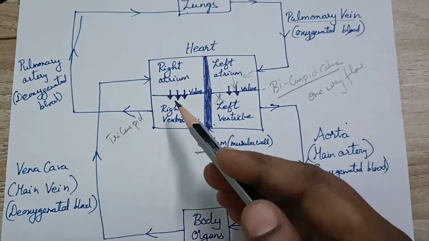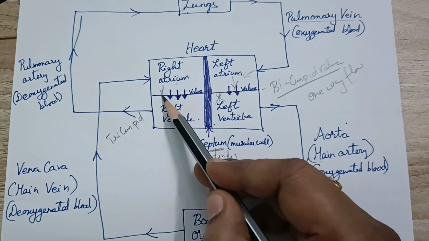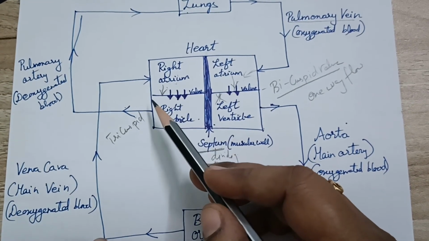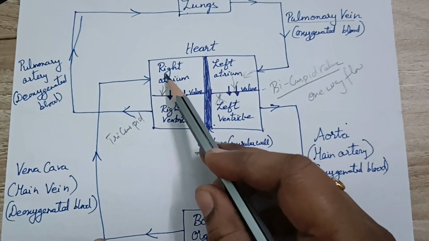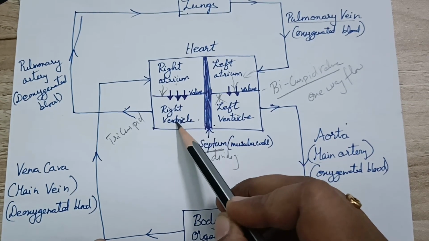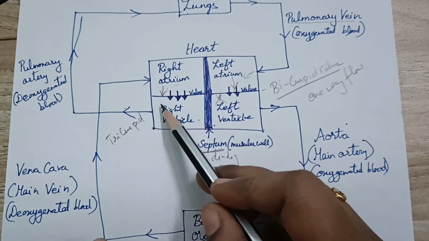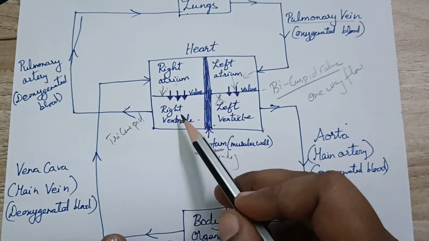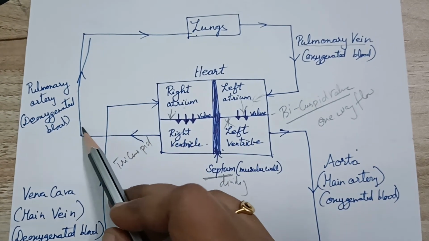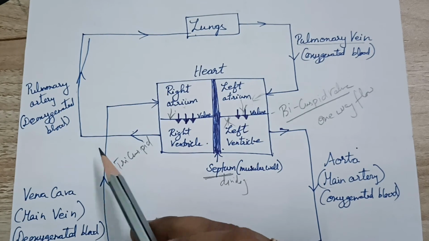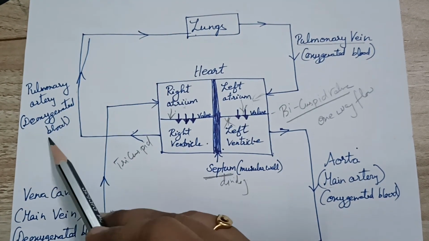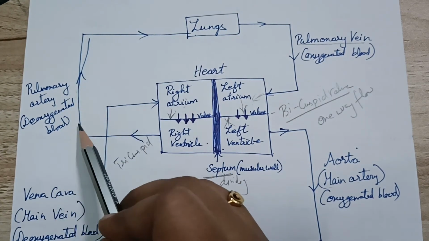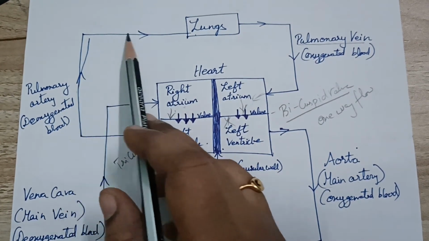It will allow the deoxygenated blood only from the right atrium to the right ventricle, not from the right ventricle to the atrium. When the right ventricle relaxes, it collects the blood, and when it contracts, it pushes the blood through the pulmonary artery. The pulmonary artery carries the deoxygenated blood to the lungs.